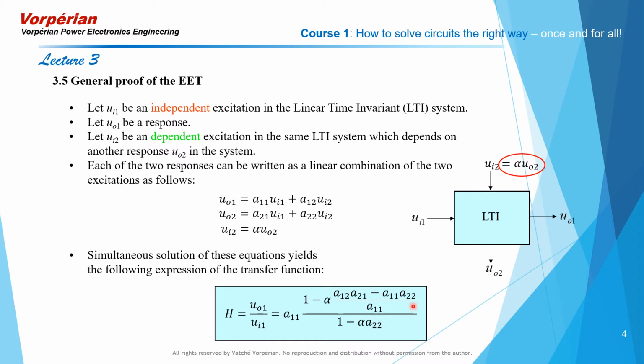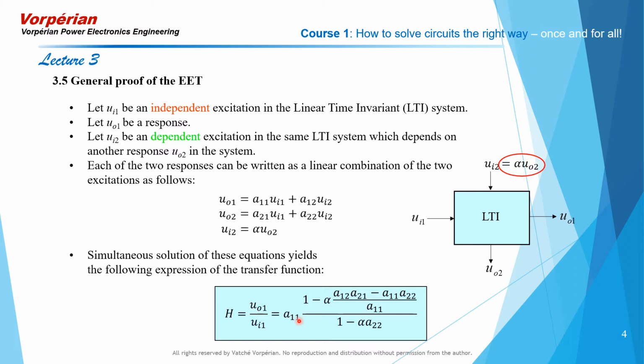That's all it tells you, that you can cast your result in this form where the extra element gain alpha appears independently and separately on its own, once in the numerator and once in the denominator, all by itself. It is not present inside any one of these coefficients here. That's all it tells you.